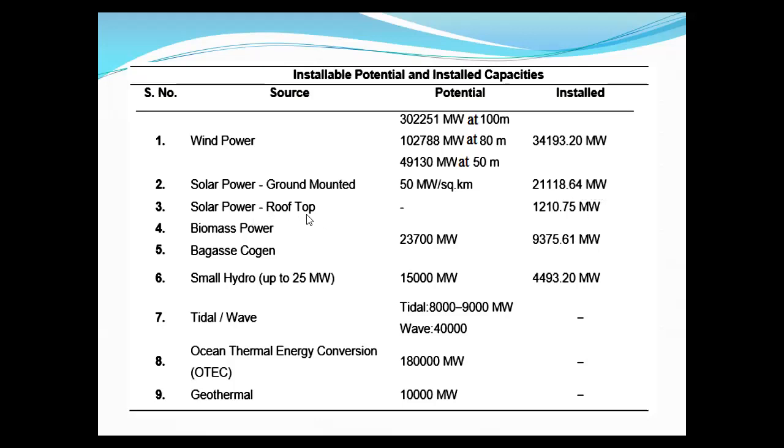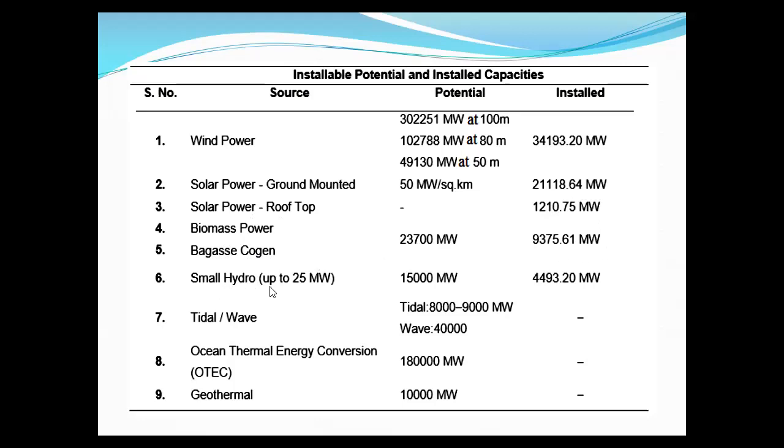Solar power rooftop PV mode installed capacity is 1,210.75 megawatt. Then we have another renewable energy source, biomass power and bagasse cogeneration. The potential is 23,700 megawatt and installed capacity is 9,375.61 megawatt.